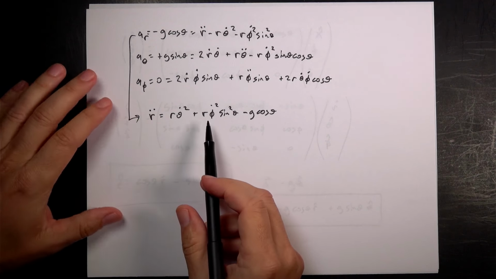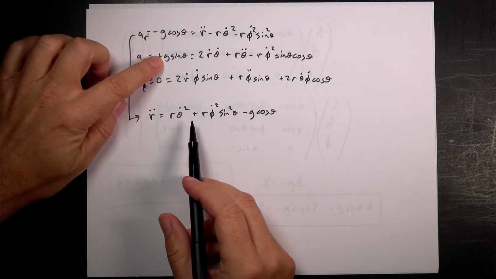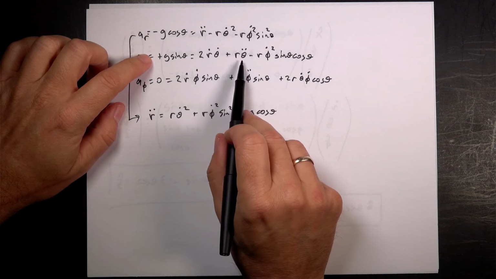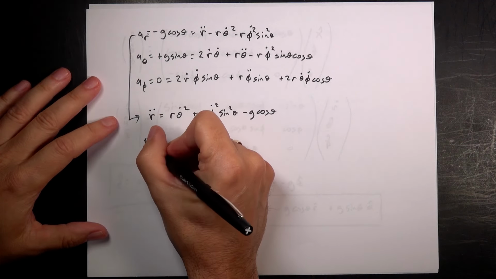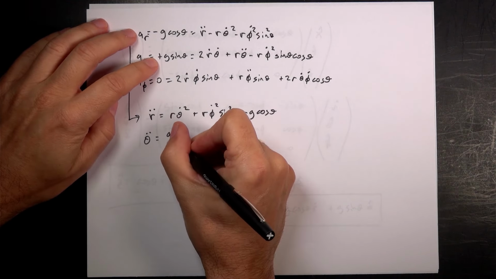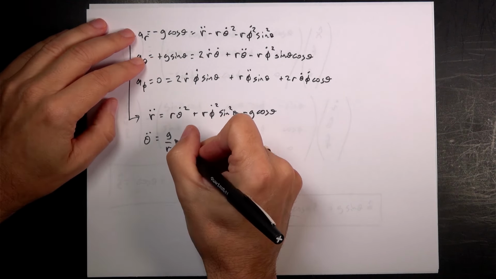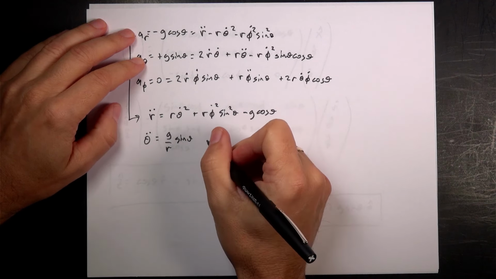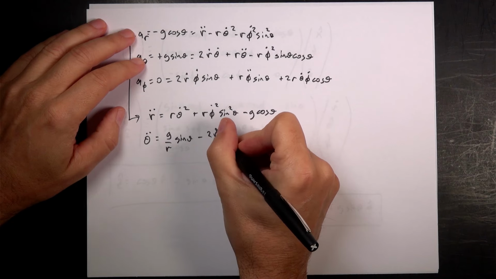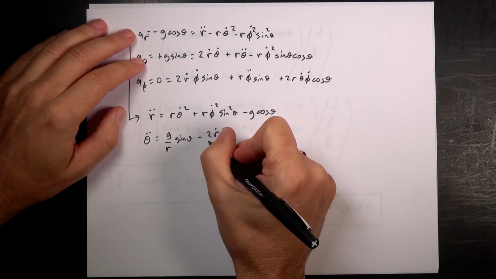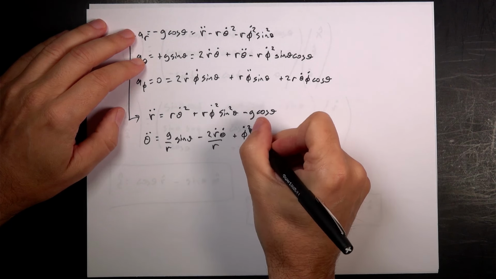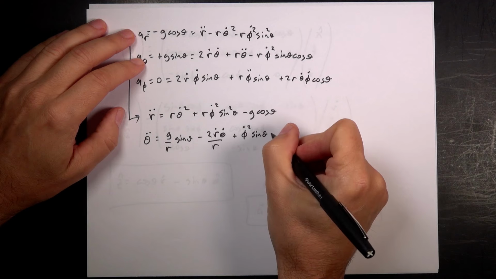And I need that. Okay, now I can take this one and solve for theta double dot. If I move these terms to the other side and divide by r, I get theta double dot equals g over r sine theta, minus 2 r dot theta dot over r, plus phi dot squared sine theta cosine theta.